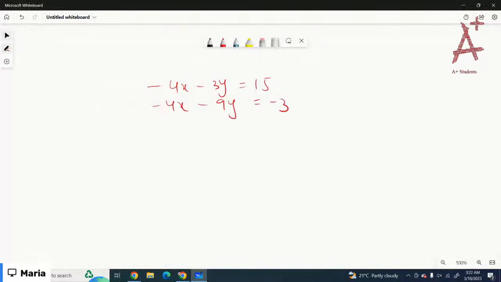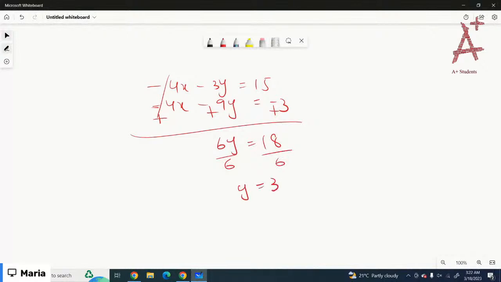Okay, see, x has the same variable, but when you add them, it makes negative 8. That means you have to subtract both the equations. So when subtracting, their sign can be changed. So 4 minus 4 is 0. Negative 9 minus negative 3 is negative 6y, and 15 plus 3 is 18. Got it? Divide both sides by 6, so it would be y equals 3.